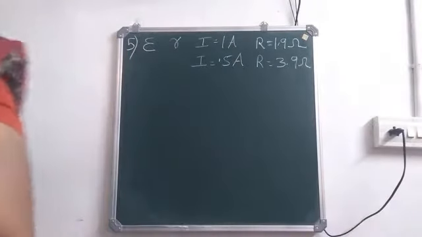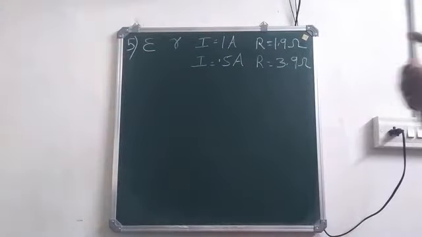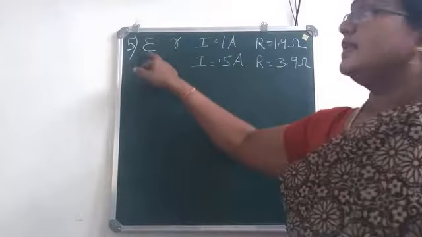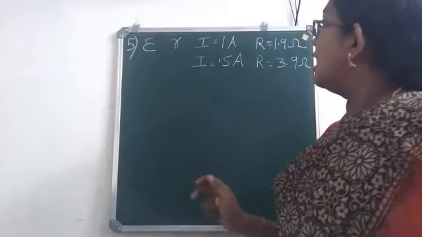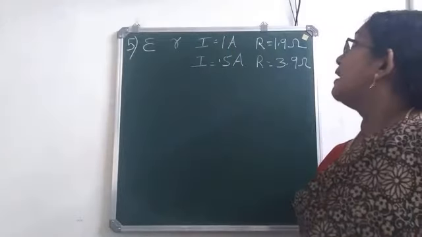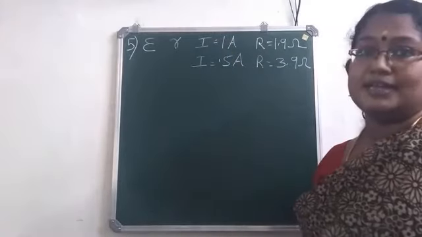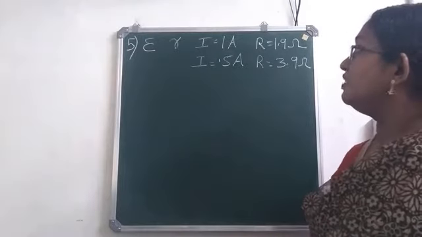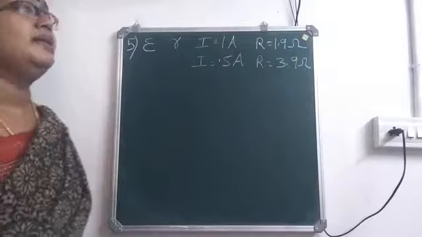So this is our question. What all things are given here? We have a cell with EMF epsilon and internal resistance R. Current will be 1 ampere if the externally connected resistance is 1.9 ohm, and it will be 0.5 ampere if the externally connected resistance is 3.9 ohm.